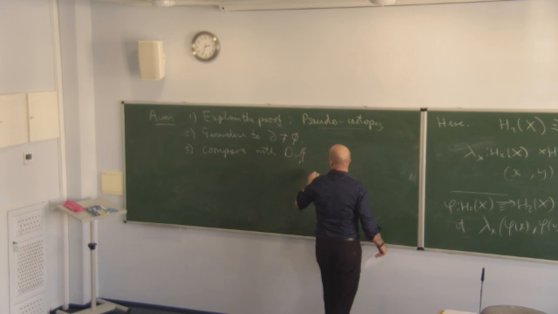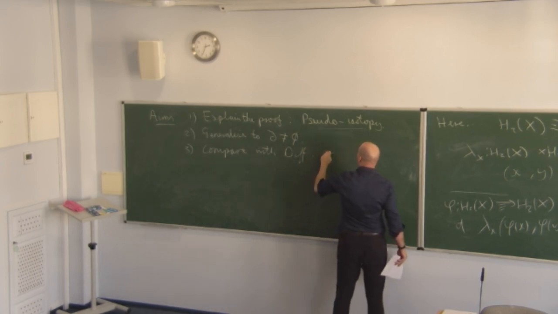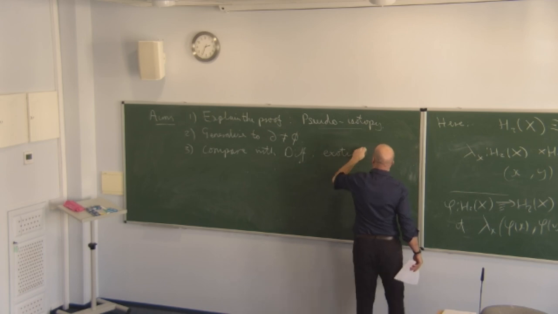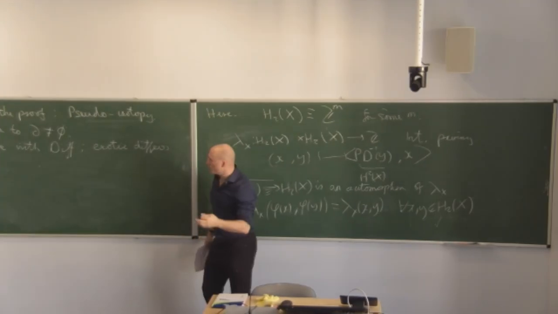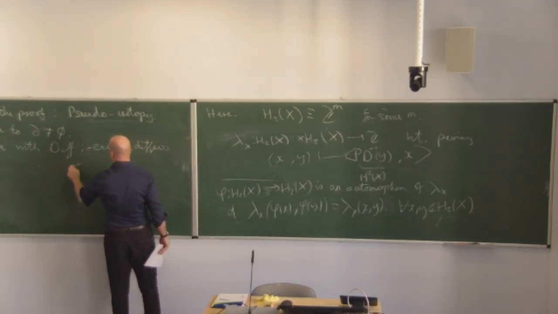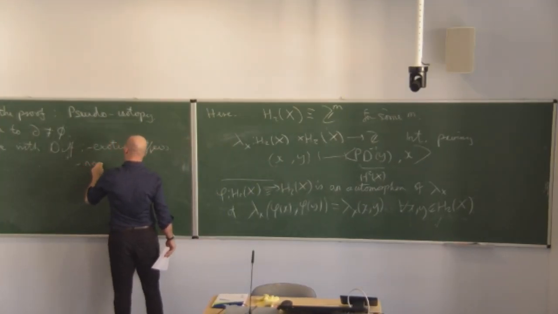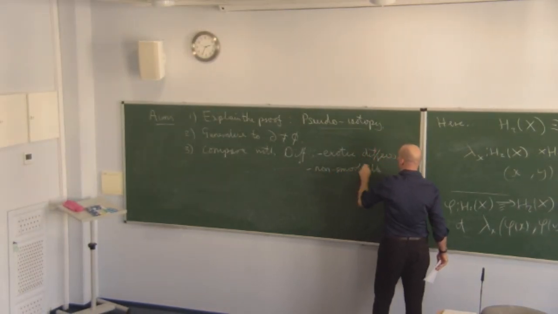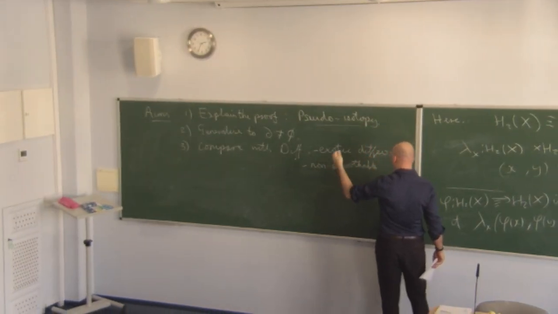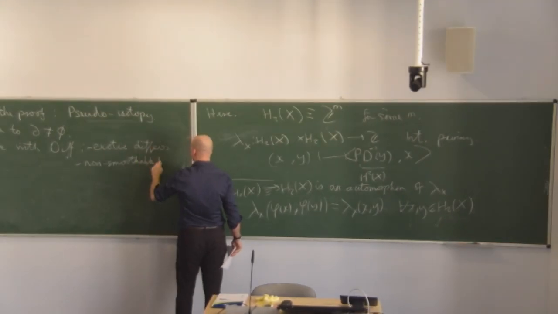So we can talk about exotic diffeomorphisms, meaning diffeomorphisms that are topologically but not smoothly isotopic. We can talk about non-smoothable homeomorphisms, so homeomorphisms that exist but are not isotopic to any diffeomorphism.